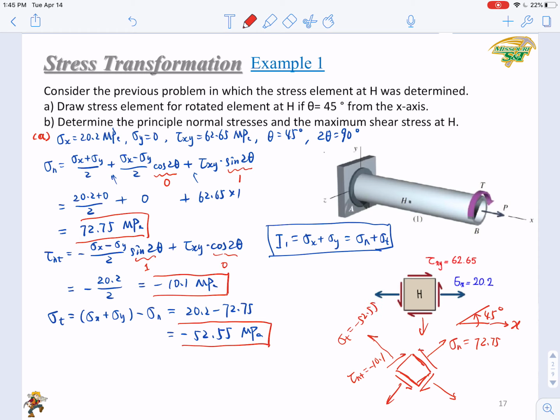It's actually compression. The negative sign indicates a compressive normal stress. So after rotation we get a two-dimensional stress element. Although in the beginning sigma y equals 0, after rotation sigma t is not 0. You get normal stresses along the two perpendicular directions.